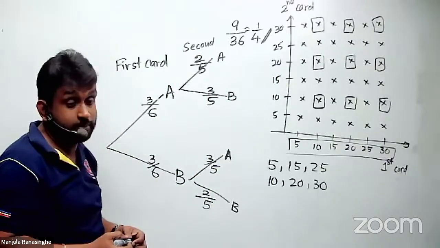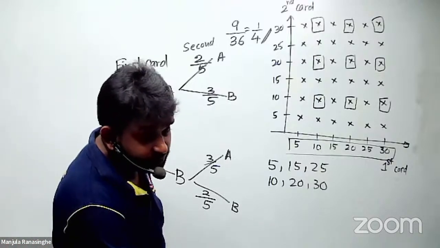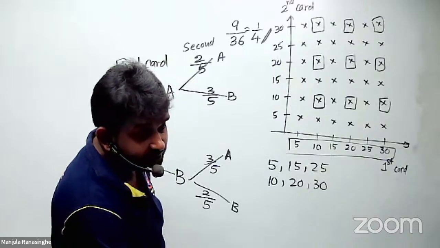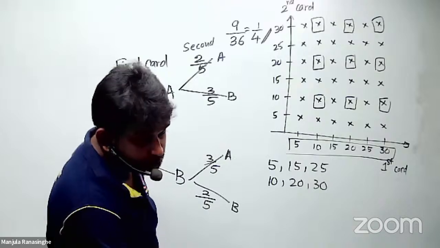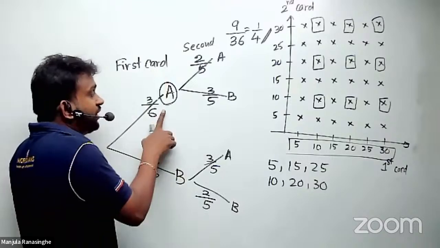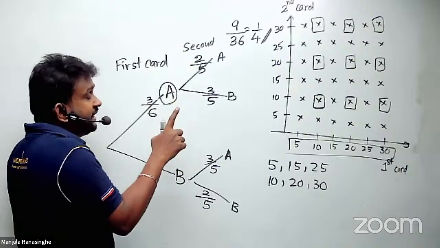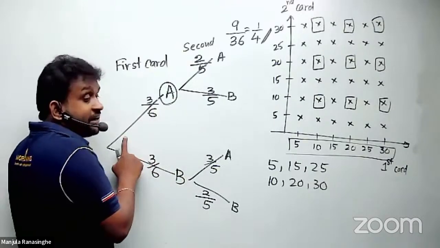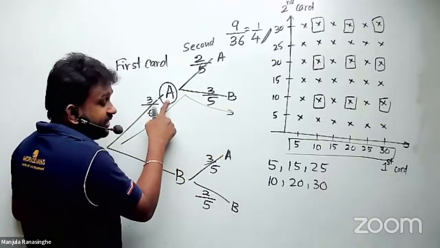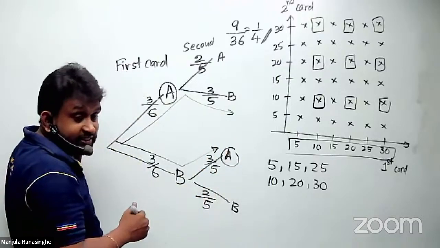So what they ask in the question: using the tree diagram, find the probability of obtaining a multiple of only 5 on only 1 occasion. That means A, only 5 multiples, on only one occasion. What are the paths? Here A and B path, only 1 occasion A, and here B and A path, only 1 occasion A. Understood?